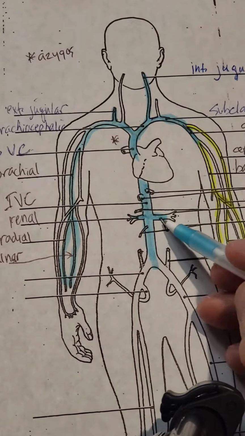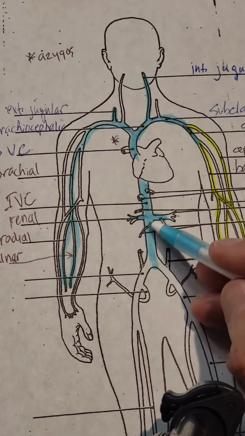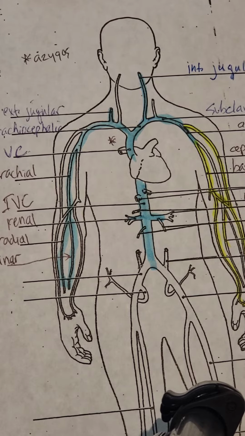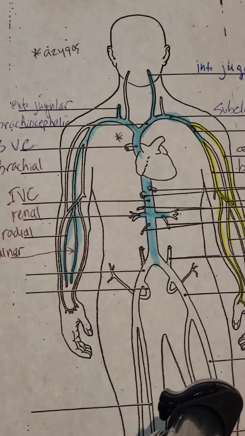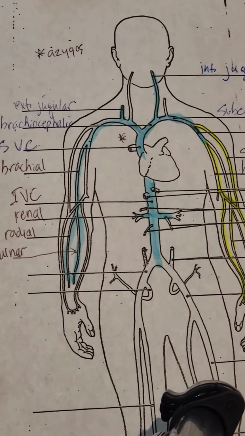These branches coming off of the renal vein and off of the inferior vena cava are gonadal veins. The one coming up here are the ascending lumbar veins, and they're in the lower back right there.